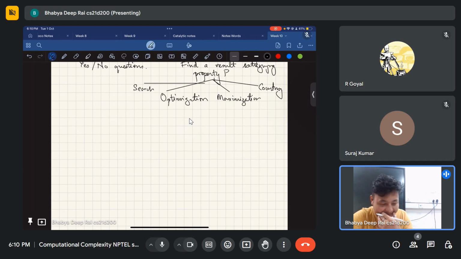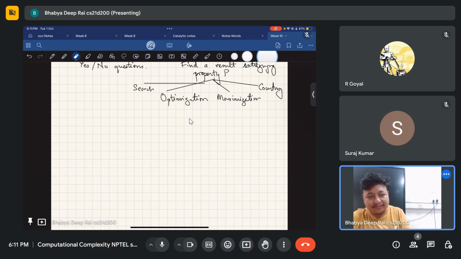Let's look at an example where there is a large solution space. Let's do reachability. Or vertex cover is also not bad actually.